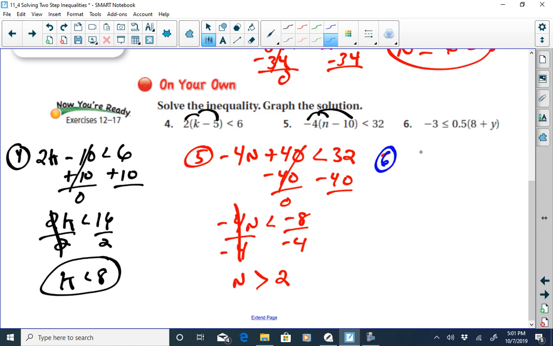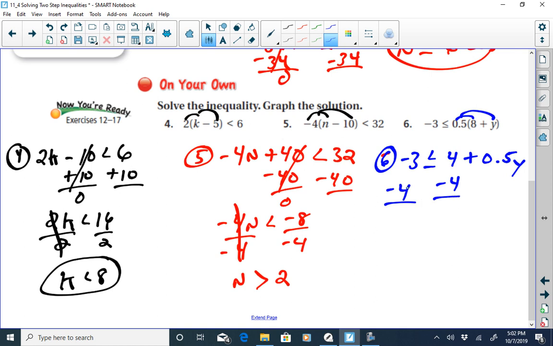Problem 6. This is going to be negative 3 is less than or equal to 5 tenths times 8 plus y. Well, half of 8 is 4. 5 tenths times y is 5 tenths y. I want to get y by itself, so we're going to subtract 4 from both sides of the inequality.